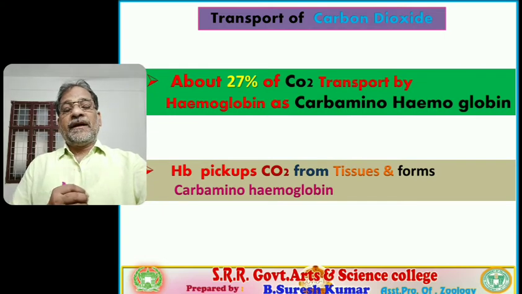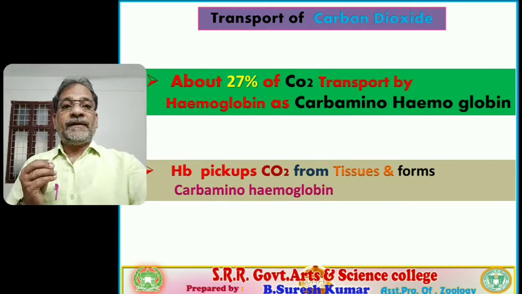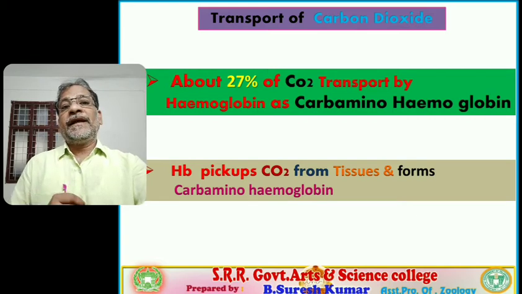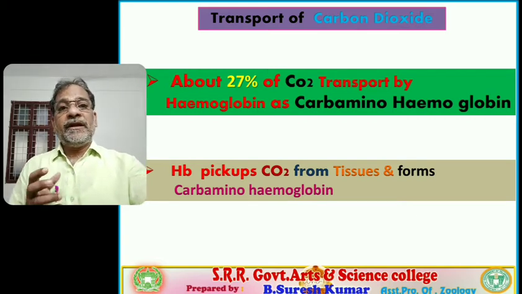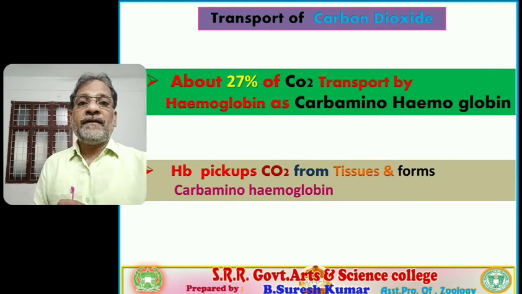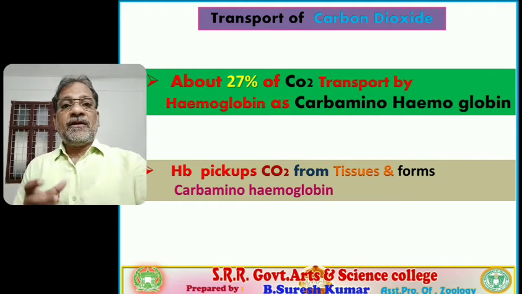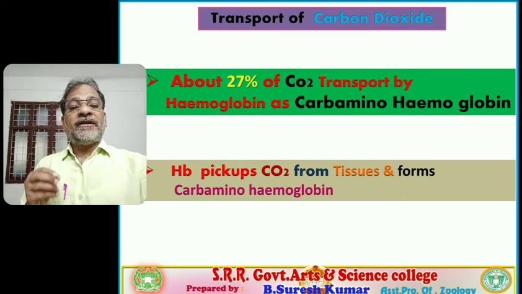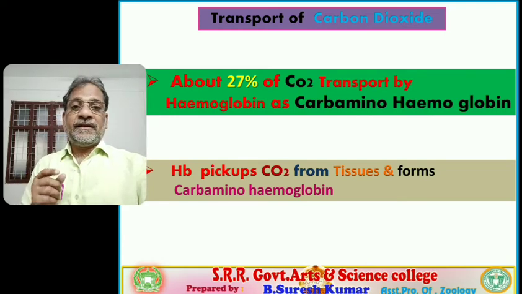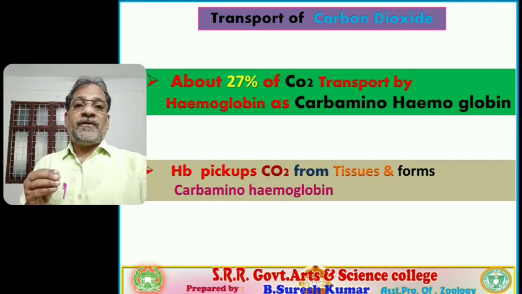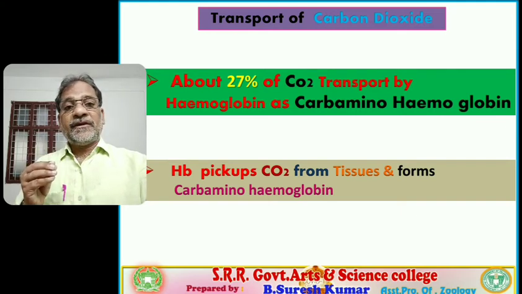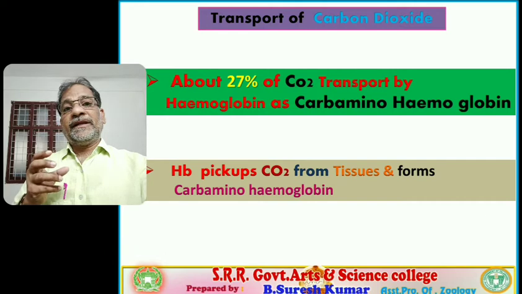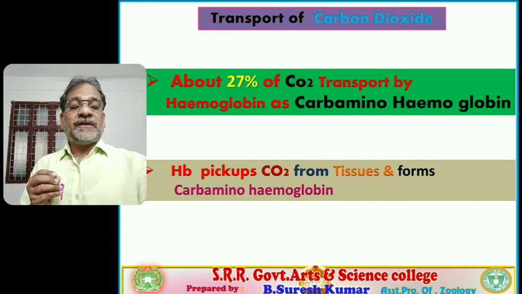Let us see the first way, that is through hemoglobin. Approximately 27% of carbon dioxide is transported by hemoglobin in the form of carbaminohemoglobin. Majority of students believe that hemoglobin transports only oxygen. Remember, students, hemoglobin not only transports oxygen, it is also able to transport carbon dioxide in the form of carbaminohemoglobin.